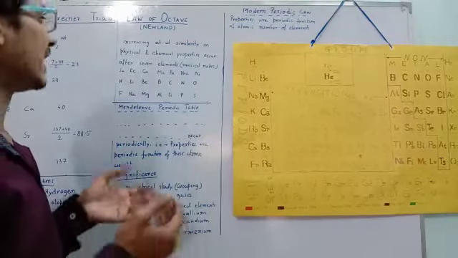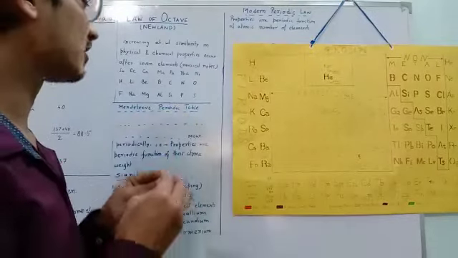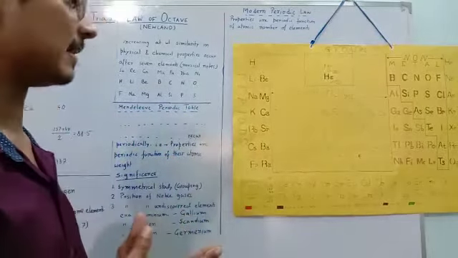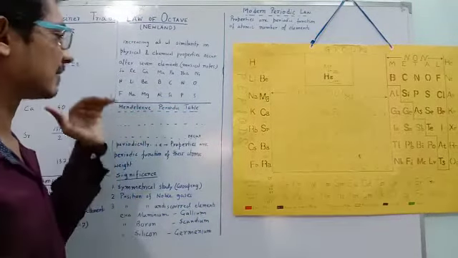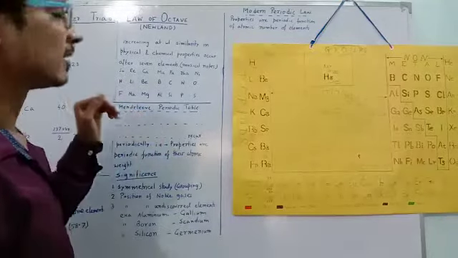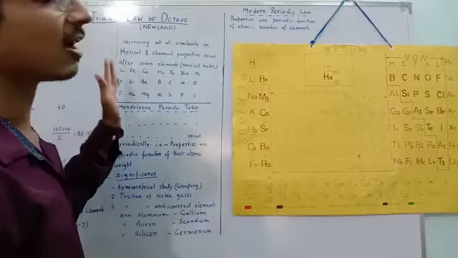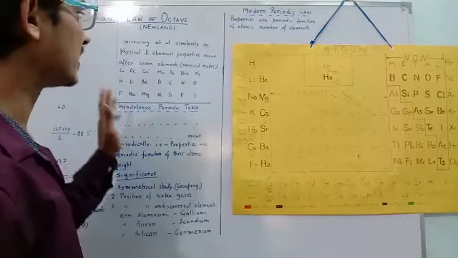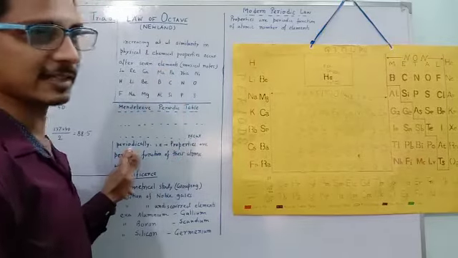Okay. Now the next attempt is a very important attempt, and this is the first major breakthrough toward the modern periodic table, the Mendeleev periodic table. Mendeleev said that if the elements are arranged in increasing order of their atomic weight, similarities in physical and chemical properties recur periodically.